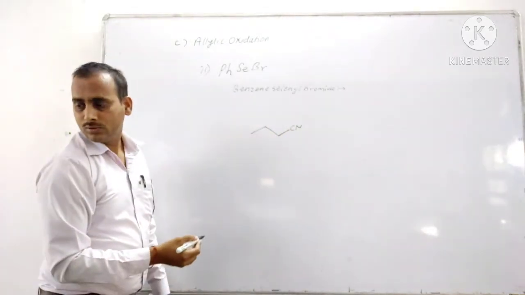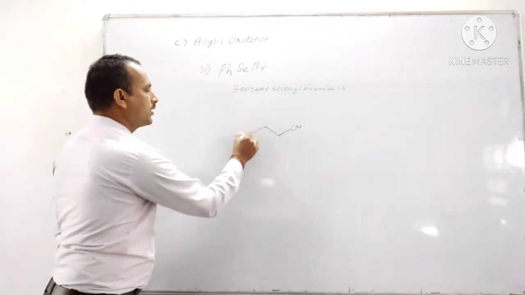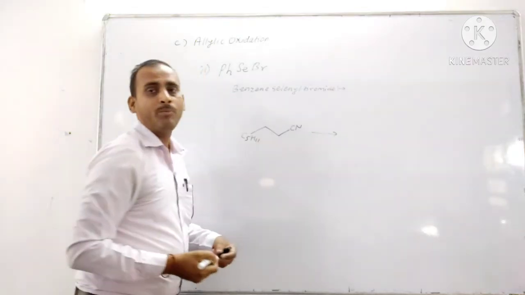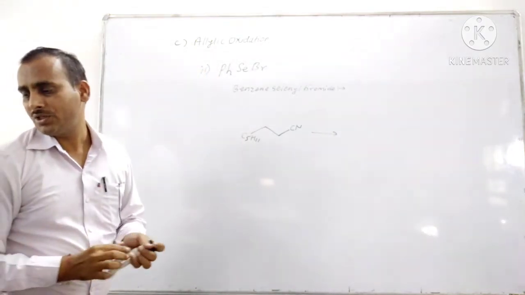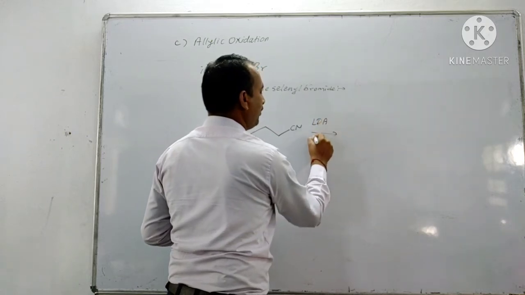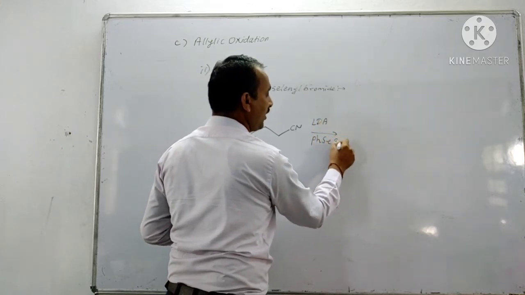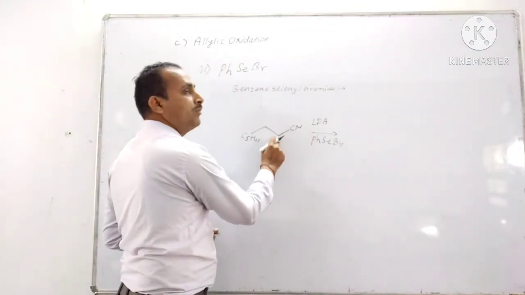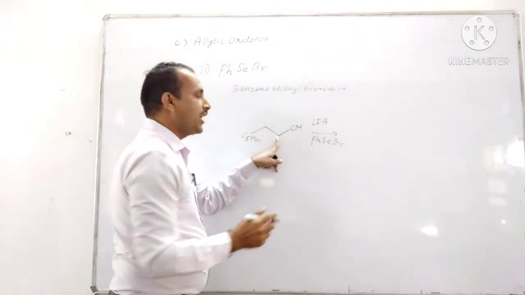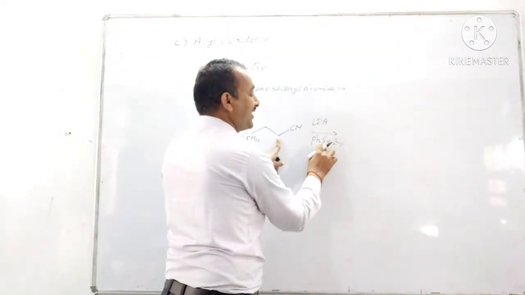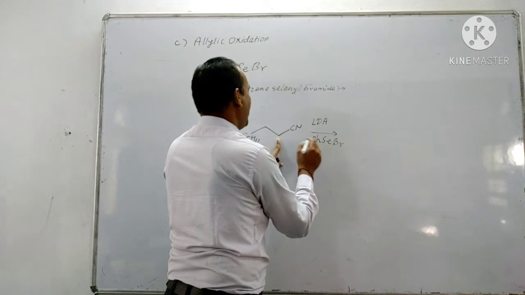CN, C5H11. So in presence of base, there is formation of the carbanion, LDA, PhSeBr. Now lithium diisopropyl amide abstracts the proton, there is formation of carbanion, and this carbanion attacks on benzene selenyl bromide on the selenium and Br minus gets eliminated.